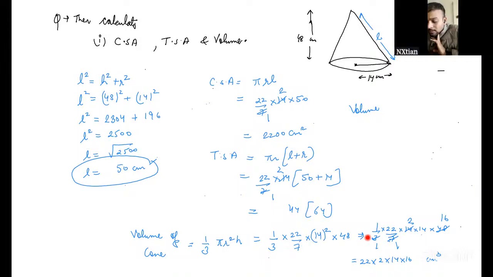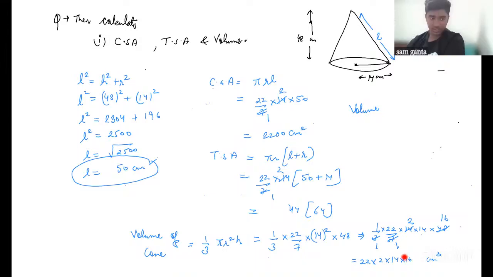See, this 3 and 48 are coming in one table, like the 16 table, so I just simplified it. 3 ones are 3, 16s are 48. And 7 and 14 are coming in one table, so 7 ones are 7 and 7 twos are 14. So then I simply write it out. Understood? Yes, sir.